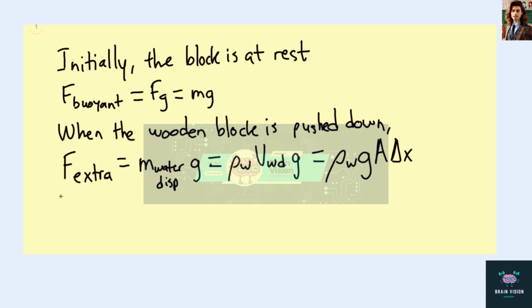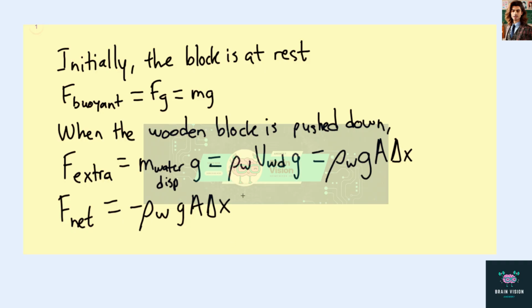So we can say that F net here is going to be equal to negative the density of water times g times A times delta x, because again, here the force is always opposite of the displacement.